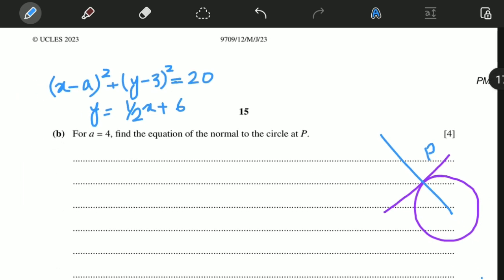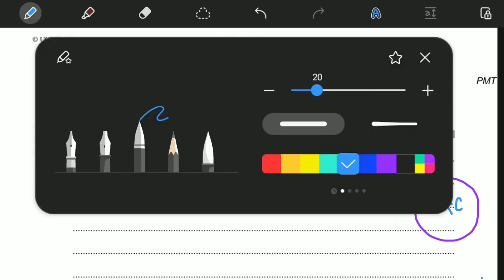Okay, so to find the equation of normal, what do we need? We need one point, and that can be the center of the circle, and the gradient. That will be the negative reciprocal of the gradient of your tangent line. So first we know that a is equals to 4, so we'll substitute that.